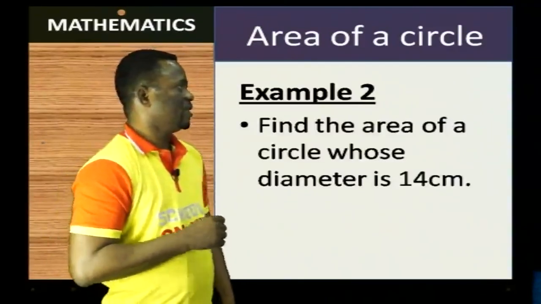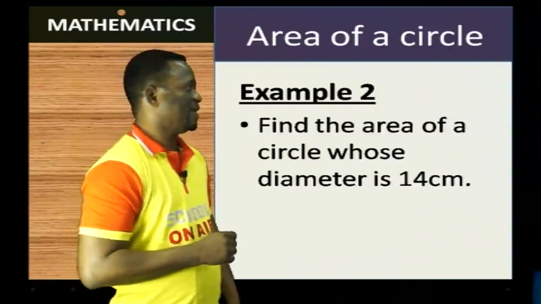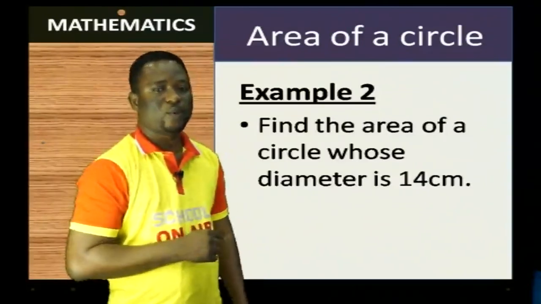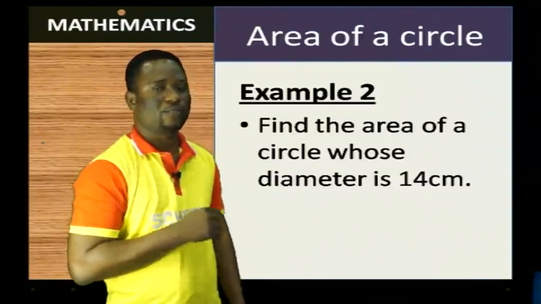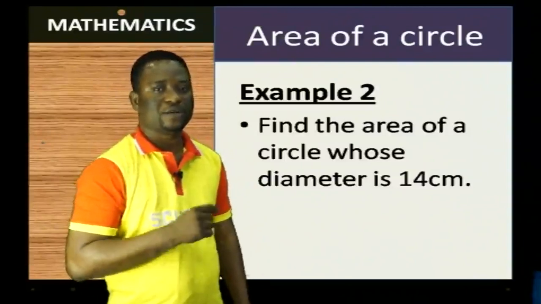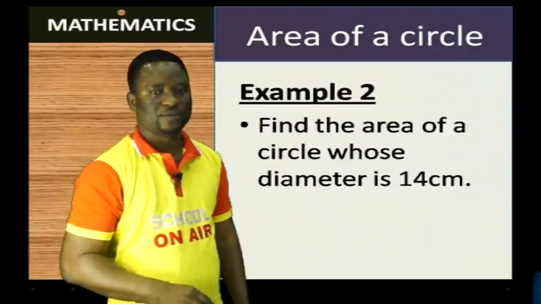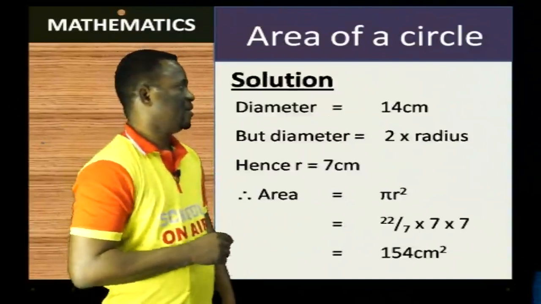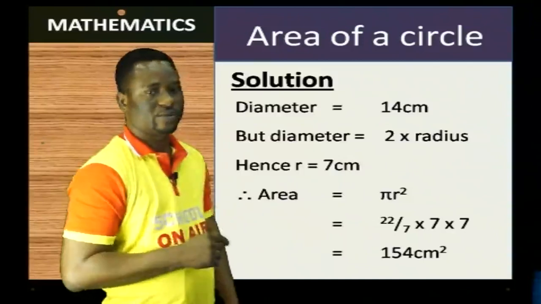Example 2. This one says, find the area of a circle whose diameter is 14 centimeter. In this example, we are not given the radius, but the diameter. This is also possible for us because of the relationship between diameter and radius of a given circle. Diameter here is 14 centimeter, but diameter is 2 radius.